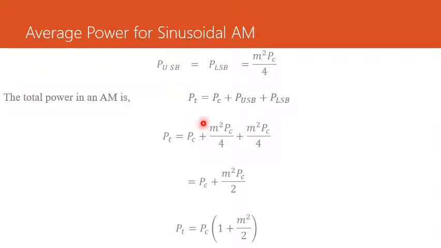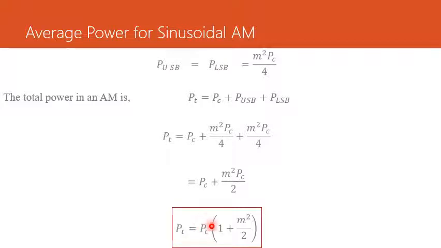The 2 and 4 get cancelled, and the expression becomes Pc plus m square into Pc by 2. Both terms contain Pc as common, so we take the Pc outside. So the total transmitted power is Pc into 1 plus m square by 2, where m represents the modulation index and Pc represents the carrier power.